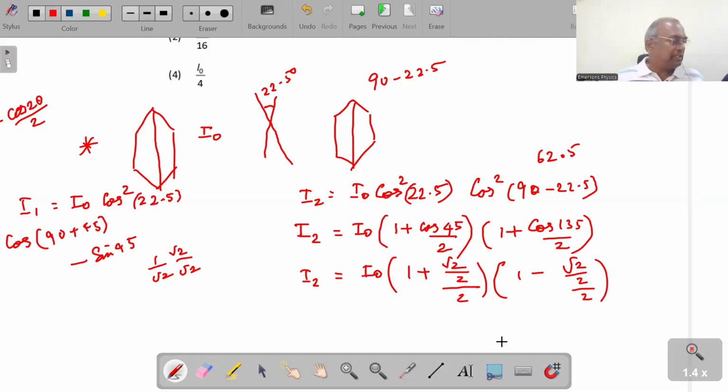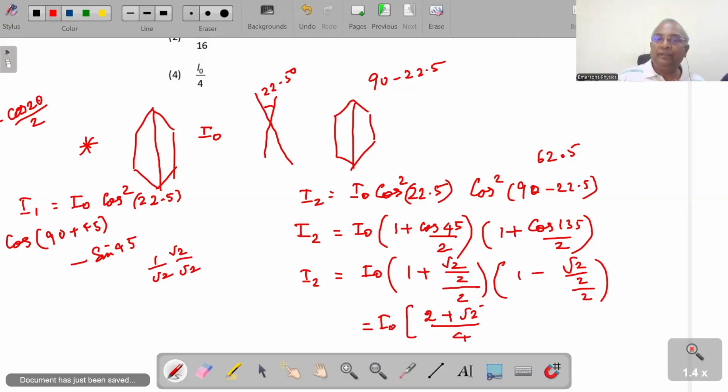That's all. If you solve these steps, here the first term is I naught divided by 2 into 2, 4 root 2, sorry, 2 plus root 2 divided by 4.